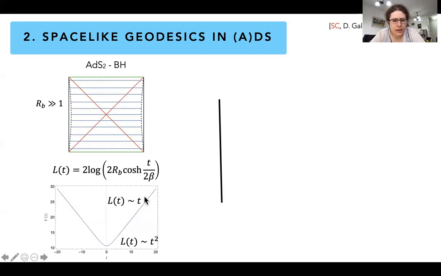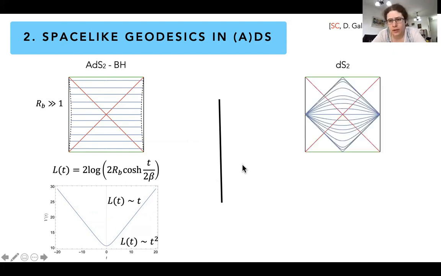And this linear growth is very often associated with the fact that the theory is chaotic. It's often said that having a linear growth of these space-like geodesics is a signature of a chaotic system.